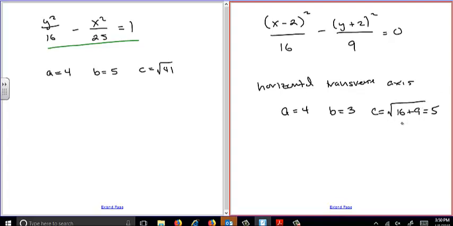So that's c in this case. So I have everything I need. The center is 2 comma negative 2. It's x minus h and y minus k, so h is positive 2 and k is negative 2.